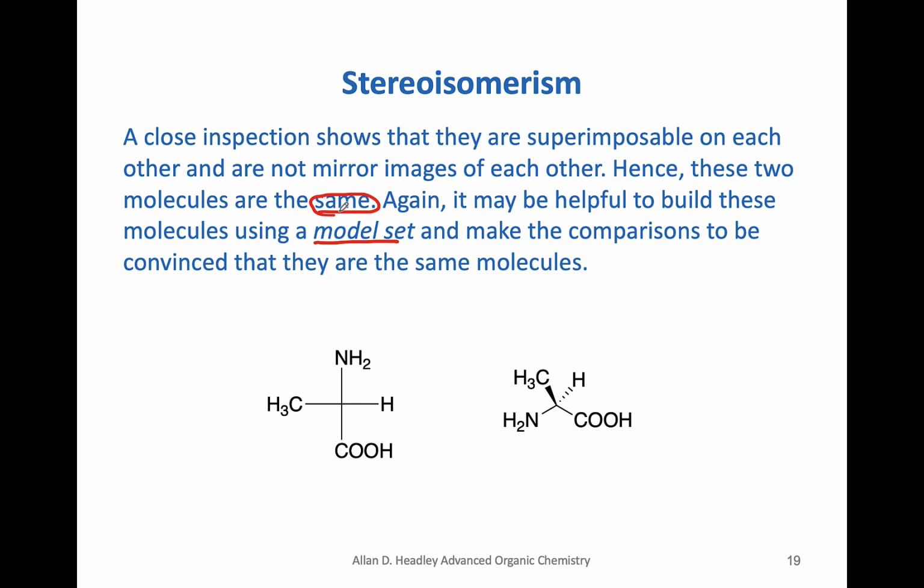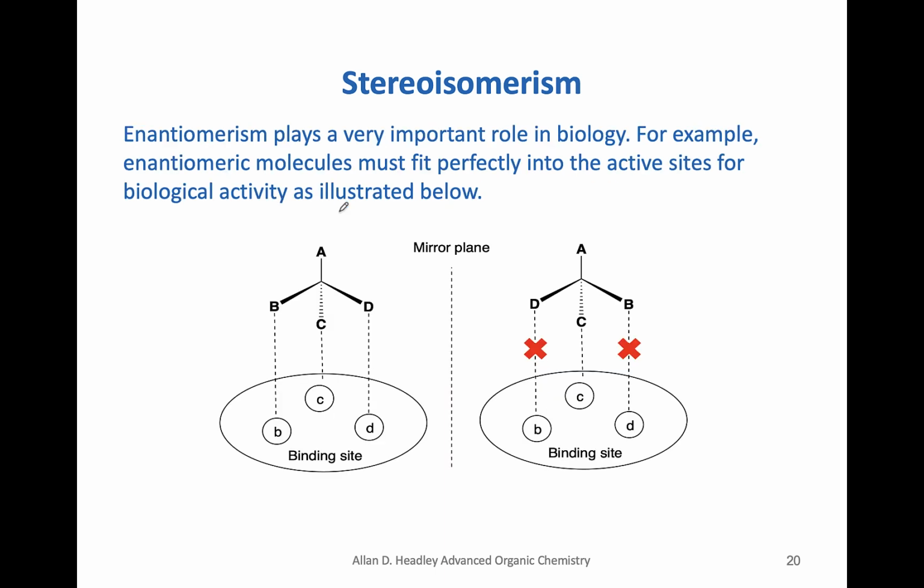But we have mentioned enantiomers. Let's see if we can determine the importance of this type of chemistry. Enantiomerism, or different enantiomers, play a very important role in biology. For example, enantiomeric molecules must fit perfectly in the active sites to have biological activity.